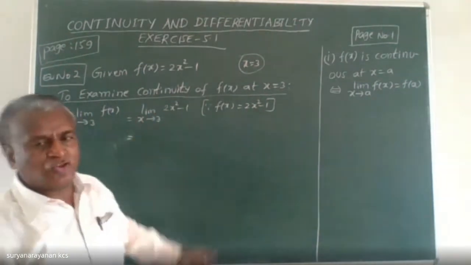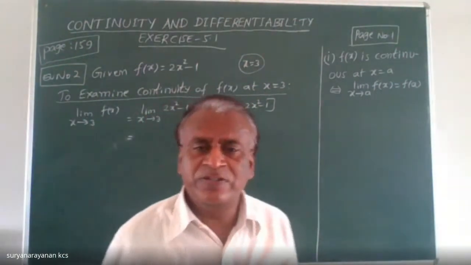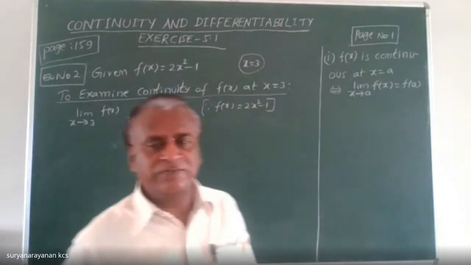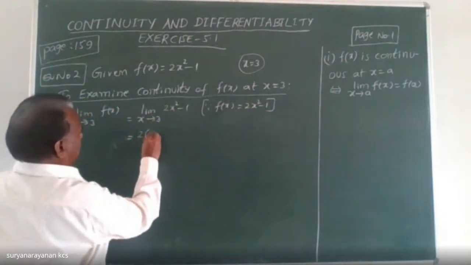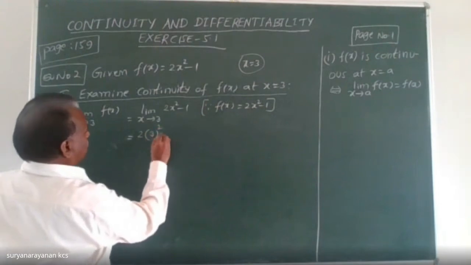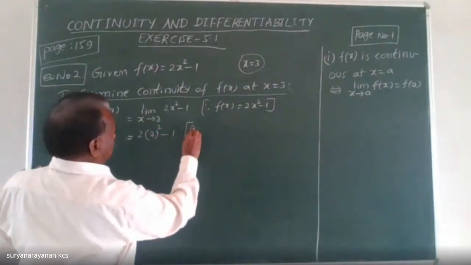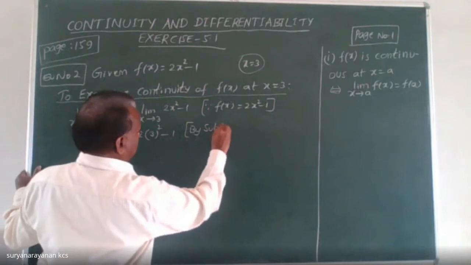So this is a polynomial function. We can use the substitution method as we followed for the previous question. 2 into 3 whole square minus 1, by the direct substitution method.